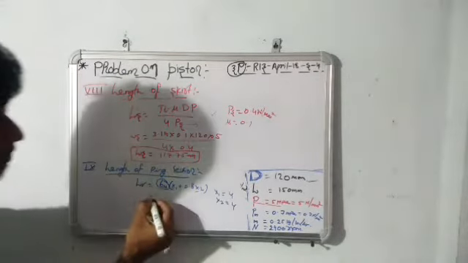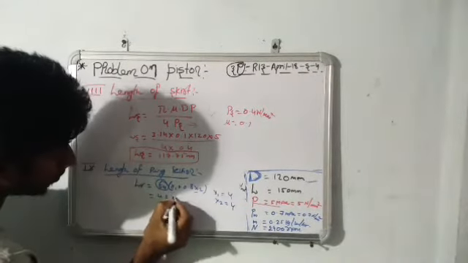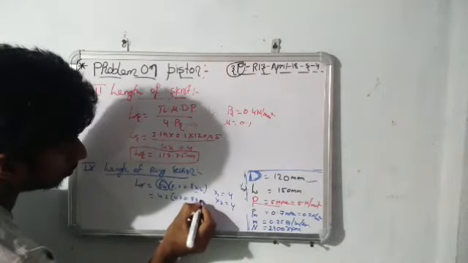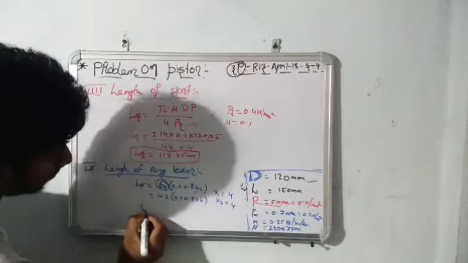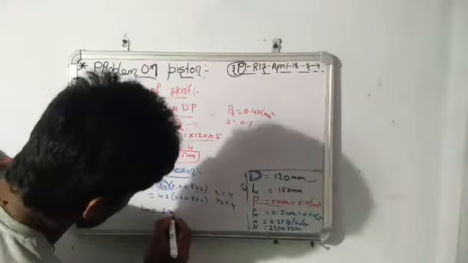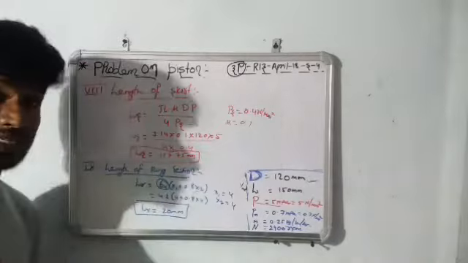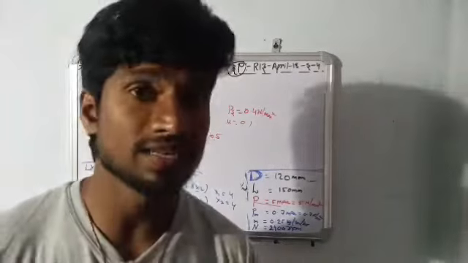So let's substitute these values. 4.2, x1 is 4, plus 0.8 into 4. By simplifying this, approximately 20 mm. So this is about the length of the ring section.